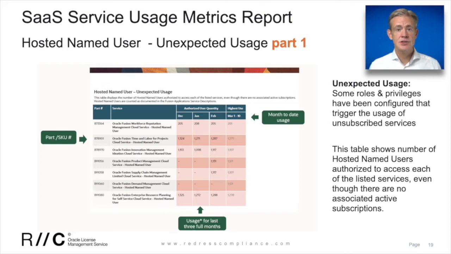However, you won't see the subscribed number of users because you don't have any in this case, and you won't see the other associated metric comparing use against your subscribed number of users. In many cases, this number can be brought down because it is often triggered by the fact that your users' roles or privileges haven't been configured correctly or not configured at all. This is definitely an area which you need to monitor carefully.